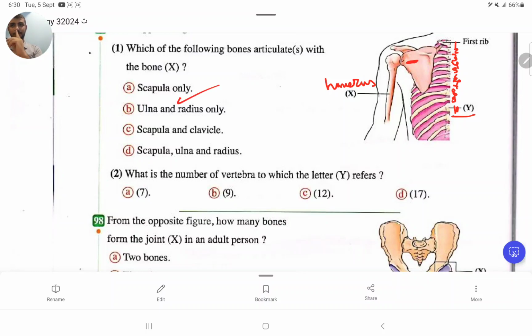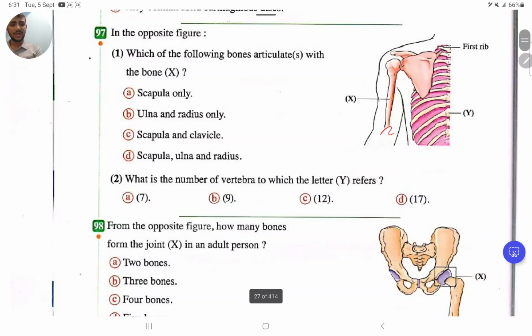Is it clear? I think clear. But here I need all bones, not just one articulating bone. So scapula is right, but I need all bones that articulate with X. I have the lower part and the upper part. From the upper part I have the scapula, and from the lower part I have radius and ulna.